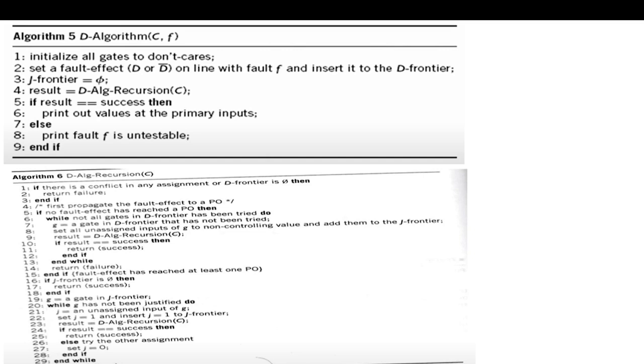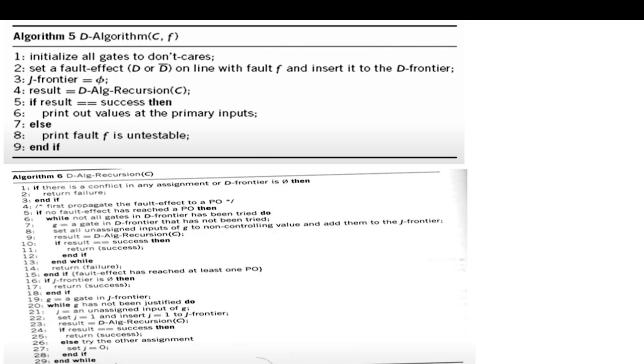So now we will come to this. This is the D algorithm. We are maintaining the D frontier and the J frontier. I think we will take some examples and then we will see the D algorithm. Similarly, we have three algorithms: D, PODEM and FAN algorithm.